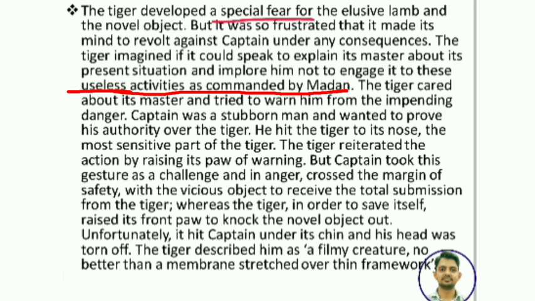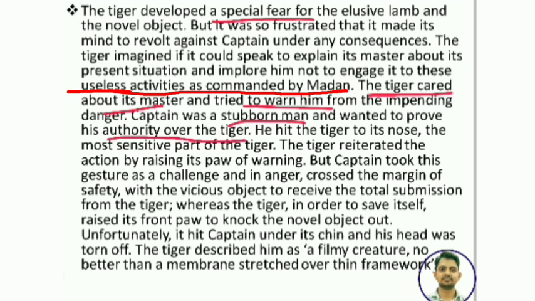So the tiger cared about his master and tried to warn him of the impending danger, but the captain could not understand.